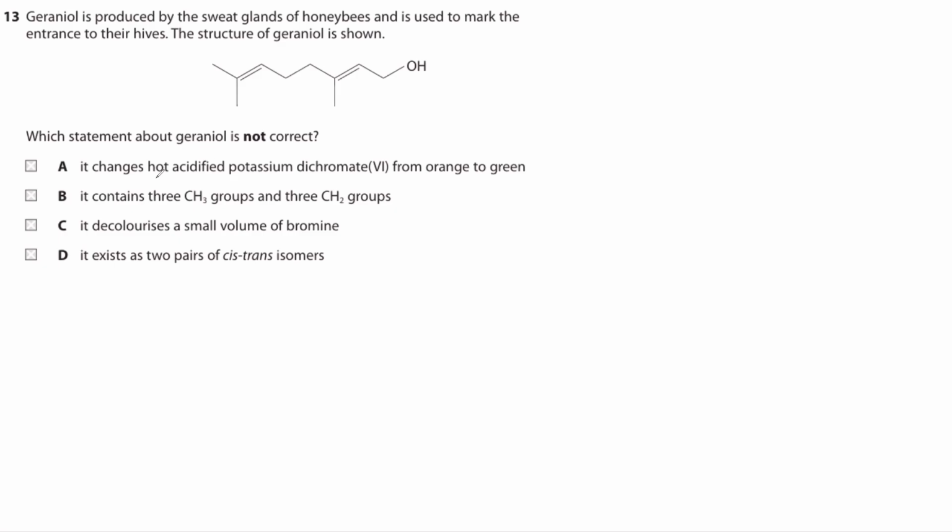It changes hot acidified potassium dichromate from orange to green. So they are saying that when you add acidified potassium dichromate, it will change from orange to green. Yes, it does. How do I know that? This is a primary alcohol.